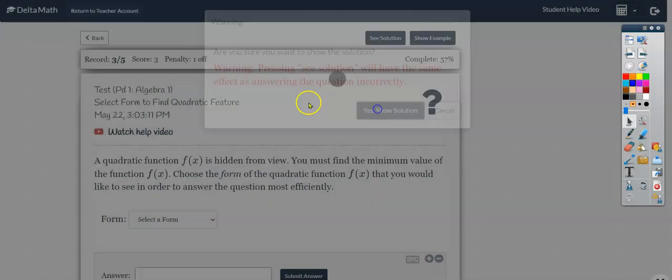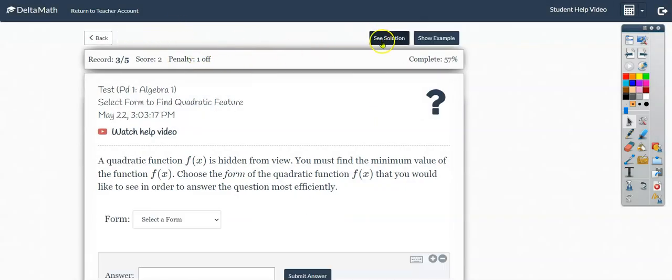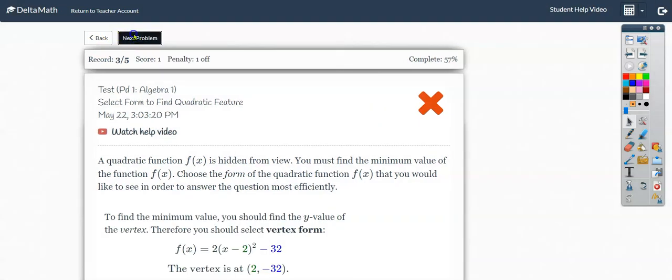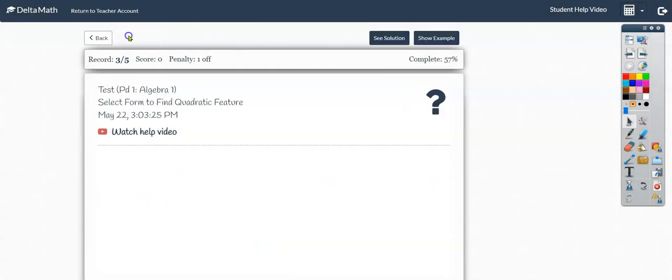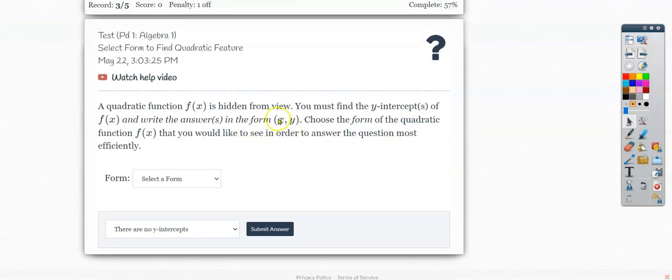We already just did this one. Let me see if I can jump ahead to another question. X-intercepts, I did. How about, oh, this one. Quadratic function is hidden from view. You must find the y-intercept and write it as a point.